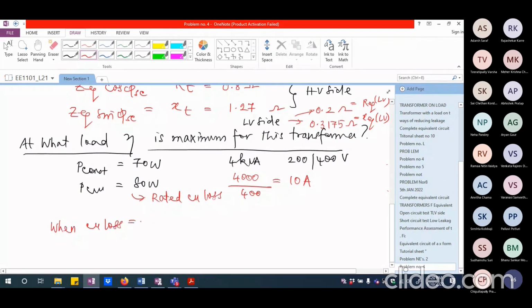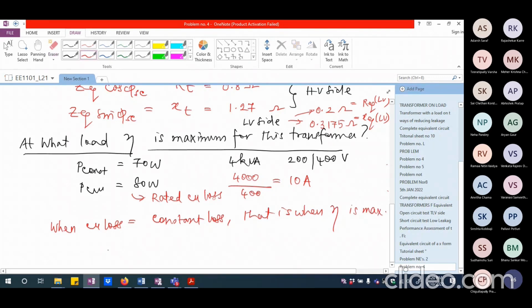When copper loss equals constant loss, that is when efficiency is maximum. So efficiency is maximum only when copper loss is equal to constant loss.